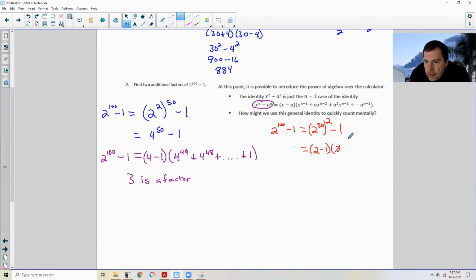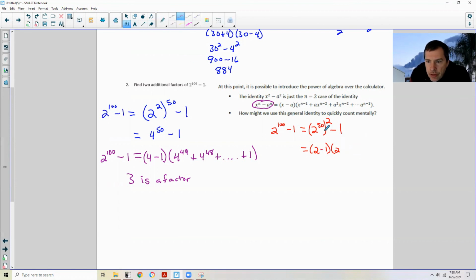x to the power of 2. Actually, I don't want to put the x. What is my x? My x is 2. So let me think about this a minute. My outside number is x, which is 2, to the n minus 1.